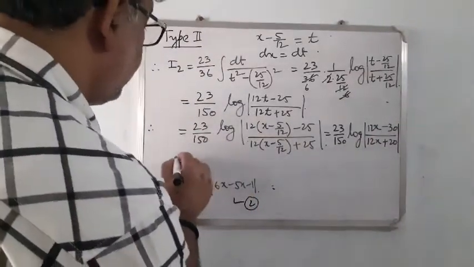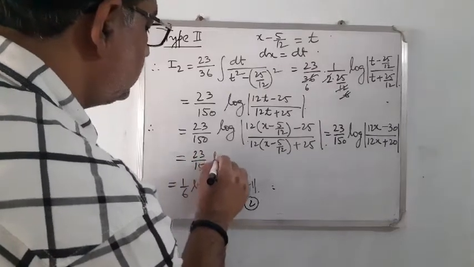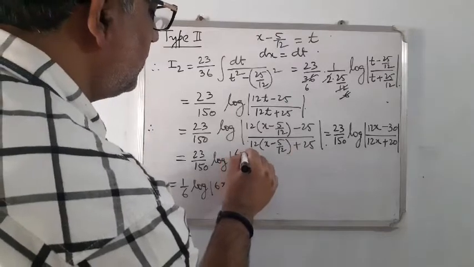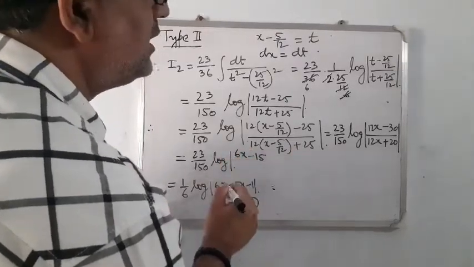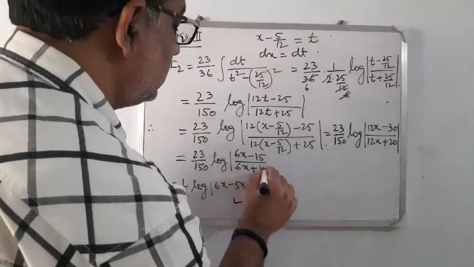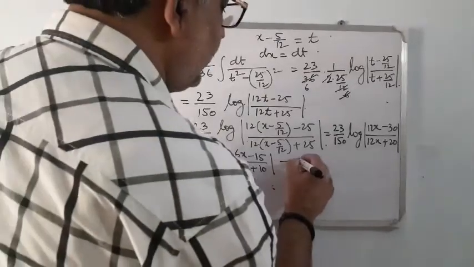So you have 23 by 150 log mod, that is 6x minus 15 divided by 6x plus 10. So this is your number 3. This is the value of I2.